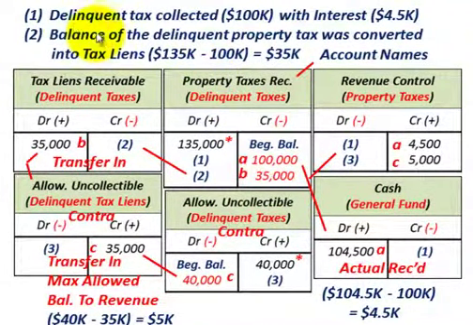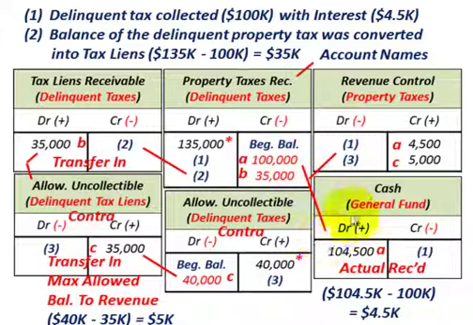So let's look at the first case, where we're going to have delinquent tax collections of $100,000 along with interest collected on the tax for that $100,000 of $4,500. So what do we want to do? Our property taxes receivable account, delinquent taxes, we're going to credit for that $100,000 collected. That's going to be a reduction to the $135,000 that we had in our beginning balance.